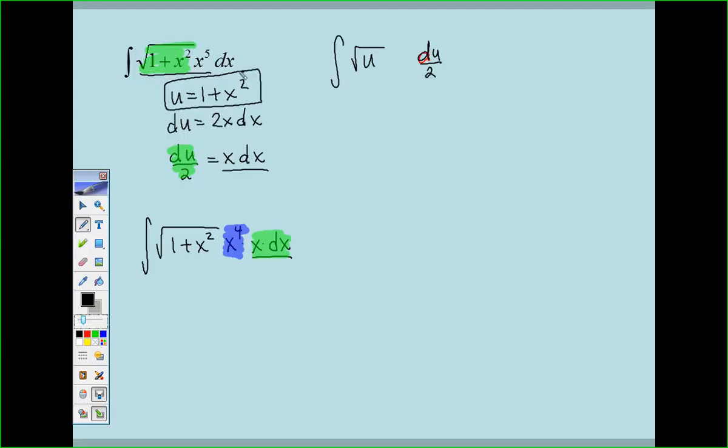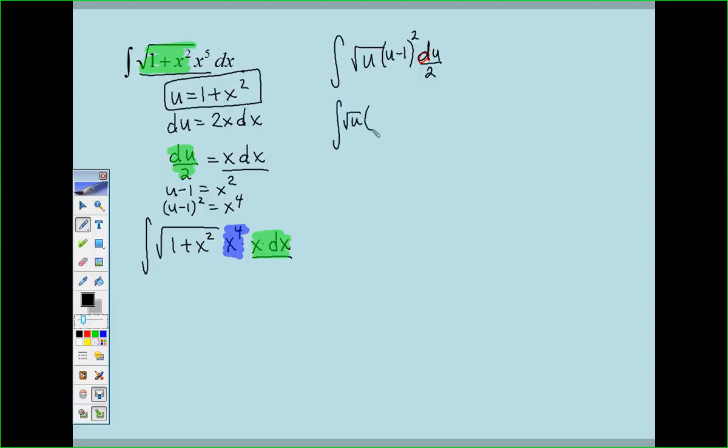We can see that if we subtracted 1, we'd have u minus 1 equals x squared. So if we squared both sides, we'd have u minus 1 squared equals x to the 4th. So that's how we can replace x to the 4th, with u minus 1 squared. And now we've replaced everything in terms of u.